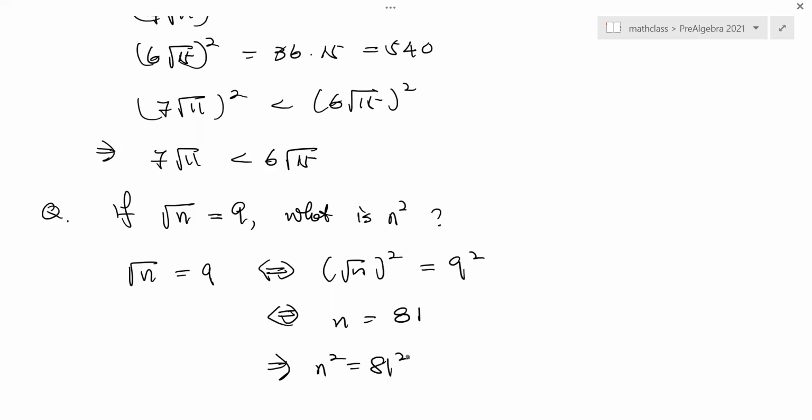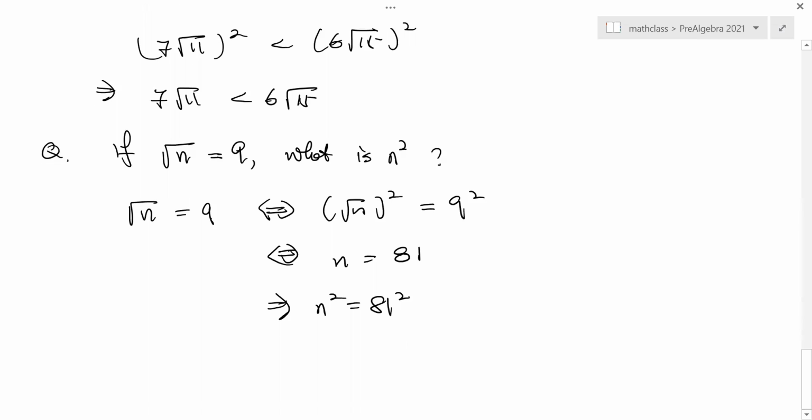Don't just think, oh, no. Maybe your brain makes mistakes when you apply the definition of the square root, so you jump to a conclusion: n equals 81, n squared equals 81. Because you did not do the computation.